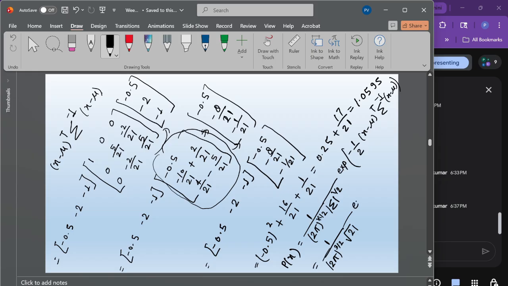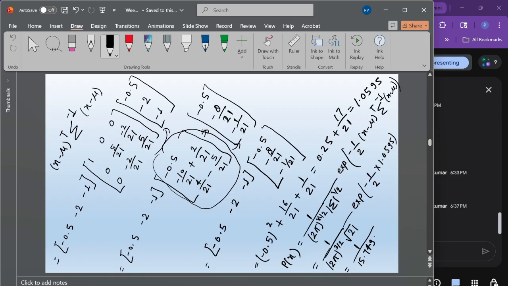Now the exponential of this part, which we have calculated, is minus 1 by 2 multiplied by 1.0595.